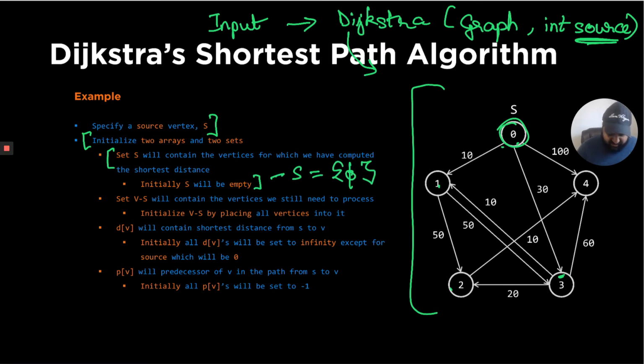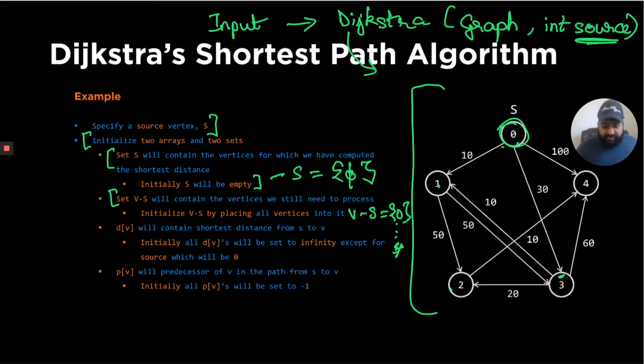Set V minus S is another data structure that will contain all the vertices that still need to be processed, or for which we still haven't finished computing the shortest path. In this case, V minus S will contain all the vertices for this graph, which has 5 vertices, from 0 to 4. So V minus S will contain the numbers 0, 1, 2, 3, and 4.